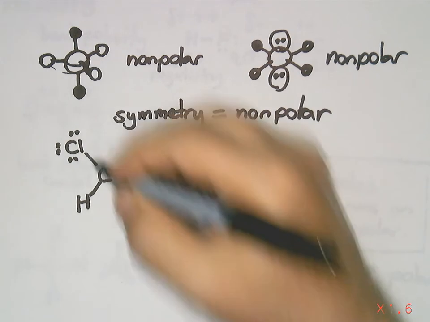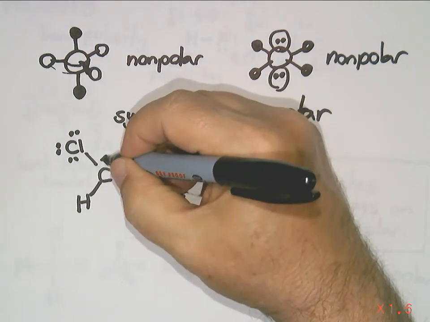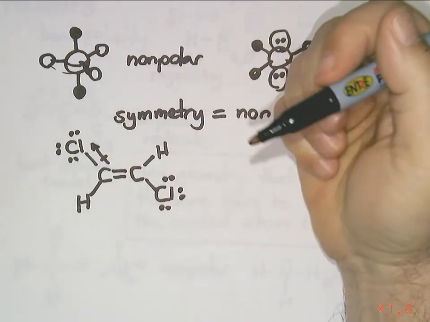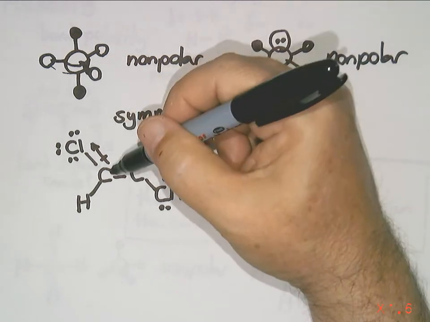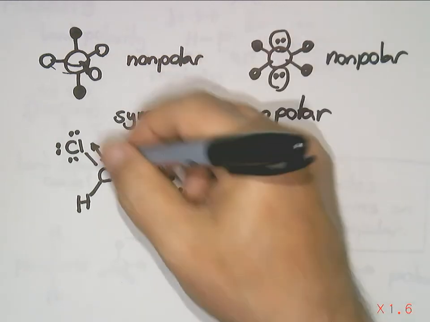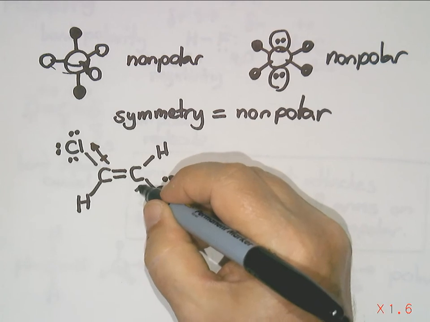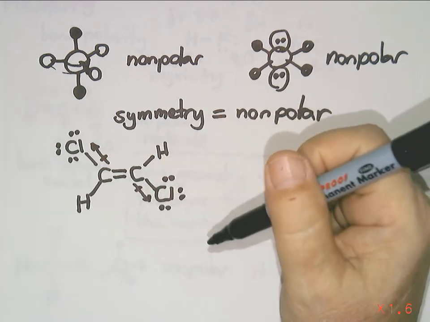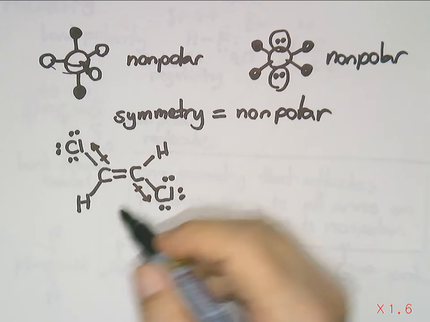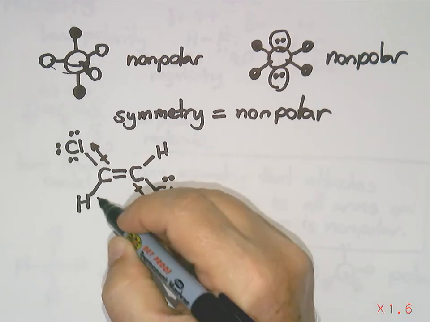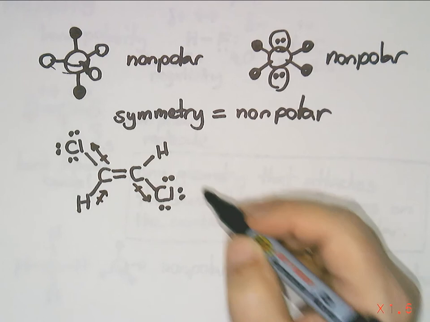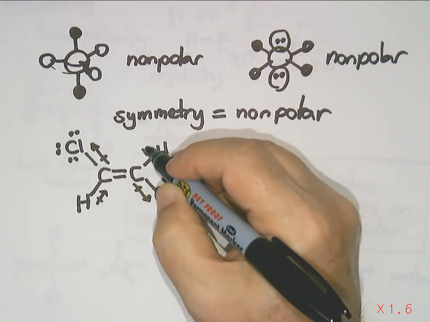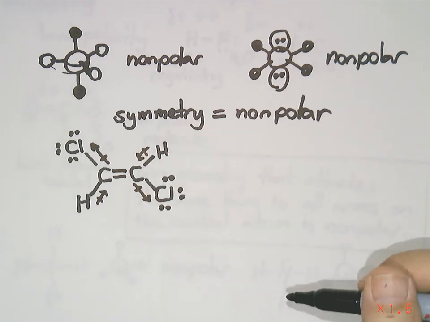Now, think of the little tugs on the bond dipoles. The chlorine is a very electronegative atom, so a bond dipole is going to be tugging that way. Here, this bond dipole is going to be tugging in the opposite direction. And you'll have a small bond dipole that tugs that way, and a small bond dipole that tugs that way.